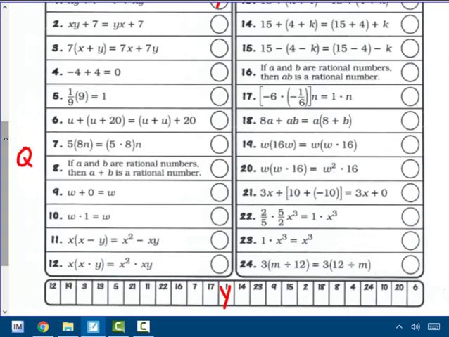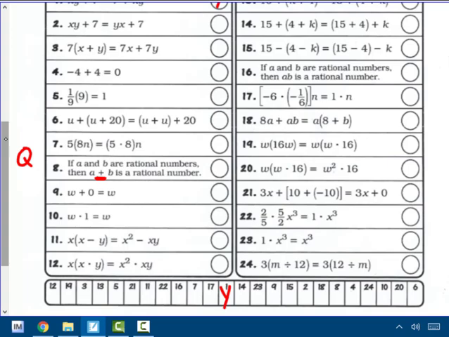Then A plus B is also a rational number. That's what's called closure. So when I do the operation, I'm still going to get an answer that's in the same set of numbers. A and B are rational numbers, and when I add a rational plus a rational, I get a rational answer.